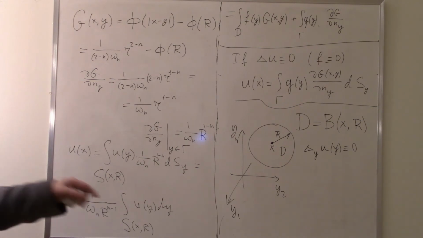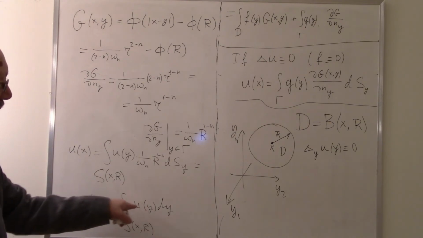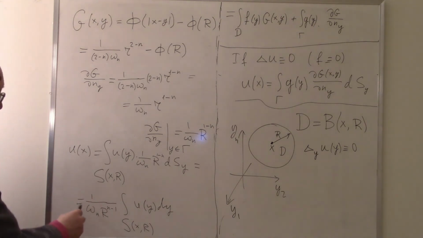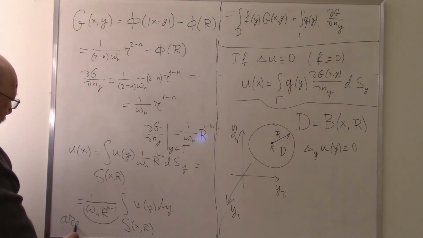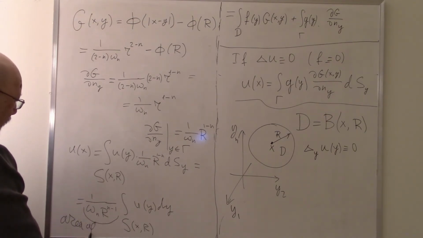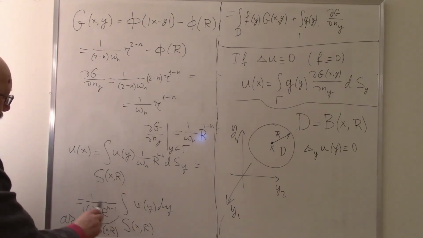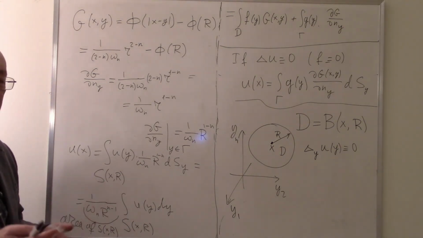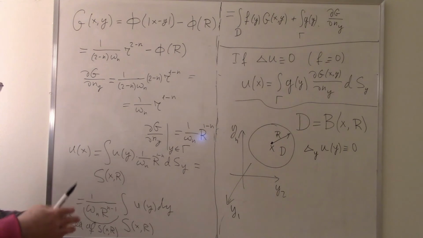And now let us look, what is this? This is the integral over the sphere of our function, and this in the denominator is the area of S x r. Yes, omega n is the area of a sphere with unit radius, and this is the area of the sphere of radius r, whatever it is, large or small.